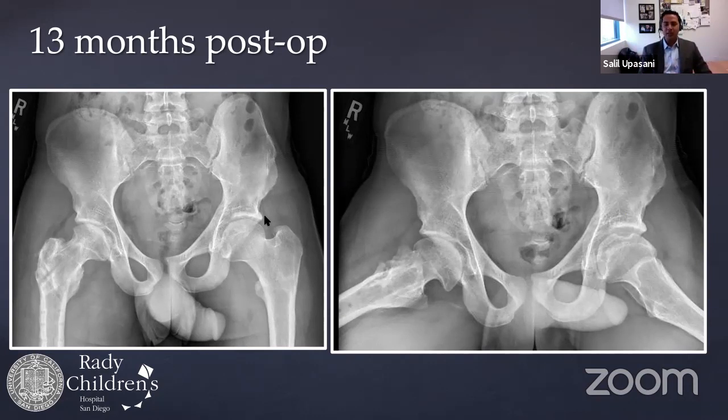They're all just kind of grab bag procedures. Core decompression with BMAC and bone grafting, I've tried. There isn't a great approach, and I think that's the region of pediatric orthopedic treatment that needs a lot of work to figure out how to approach those patients with AVN. So unfortunately, total hip arthroplasty is in their future.